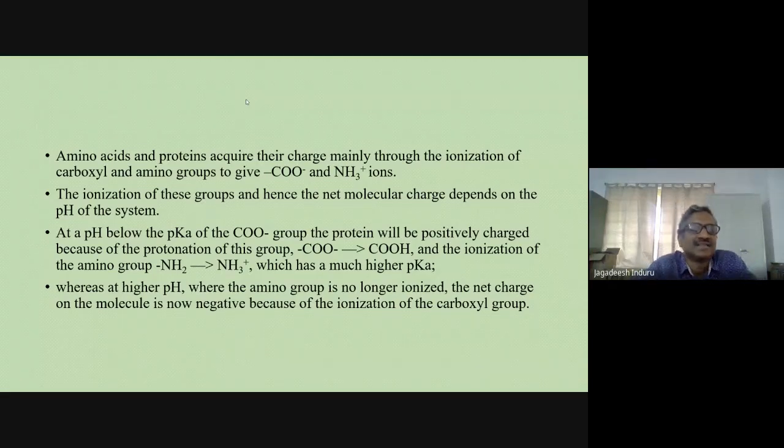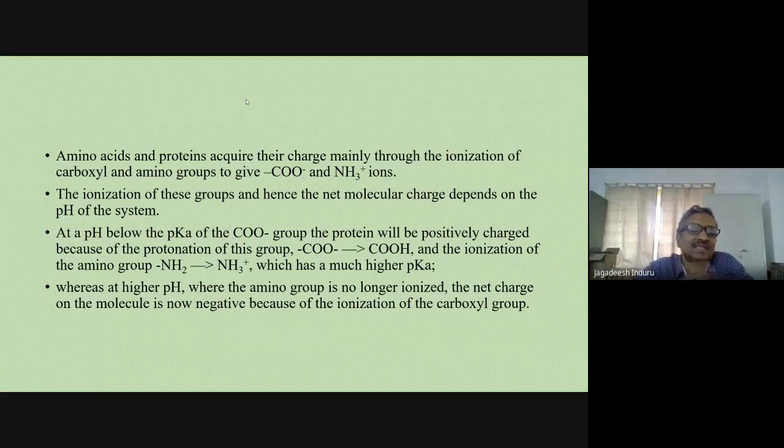Even in a neutral system, whatever the pH present in that system, it is aligned to the ionization and will produce the charge. That is the reason pH is very important in colloidal stability.